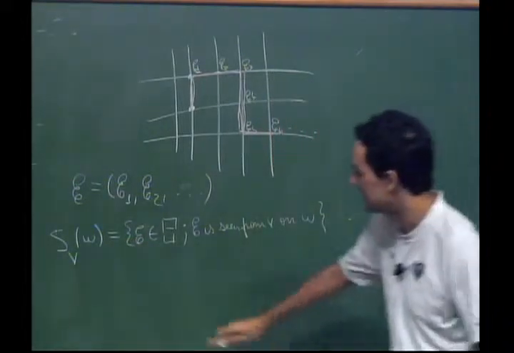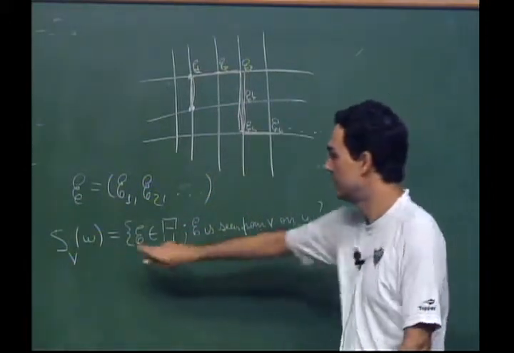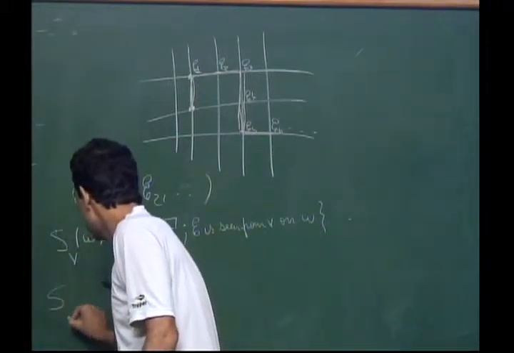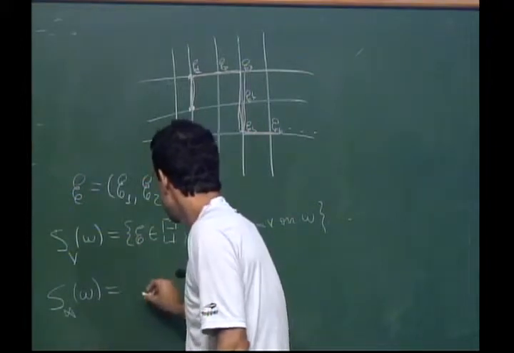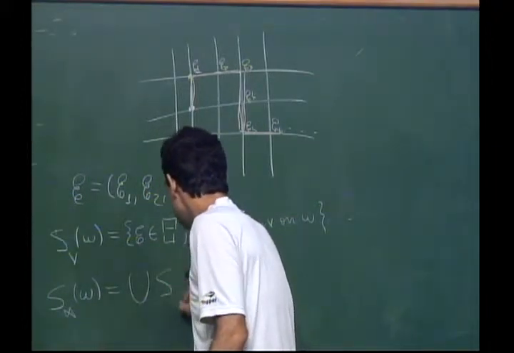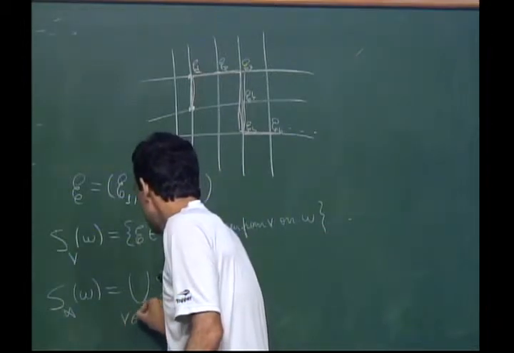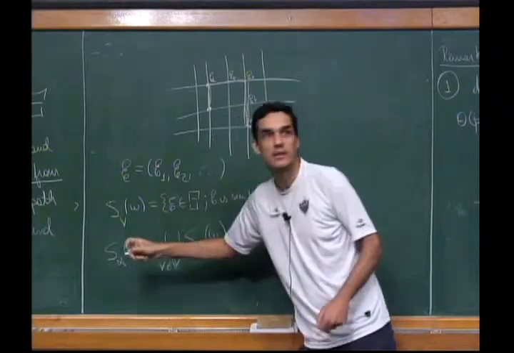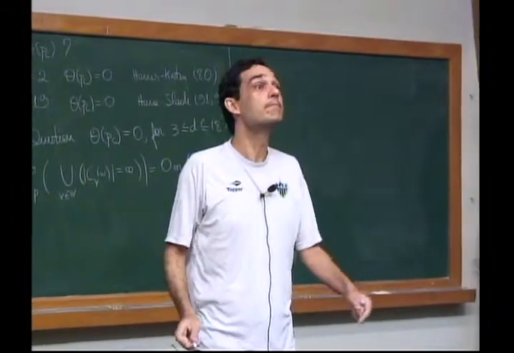That is the set of all words such that is seen from v in this configuration. And S_infinity(omega) is the union of S_v(omega) for all v. That is, this is the set of the words such that these words are seen from anywhere. Okay?